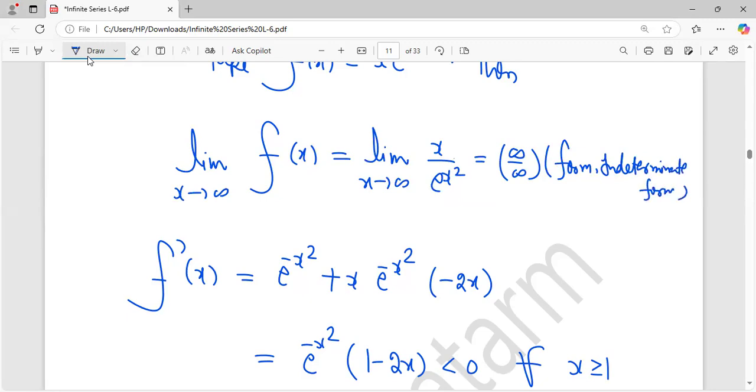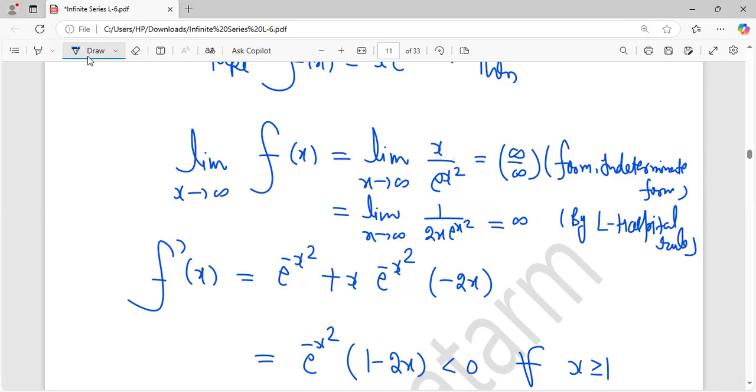Okay. Now use L'Hospital's rule. So this will be limit x tending to infinity 1 upon 2x e to the power x squared, and that will be infinity by L'Hospital's rule. Okay. So this is actually 0. The limit is 0.